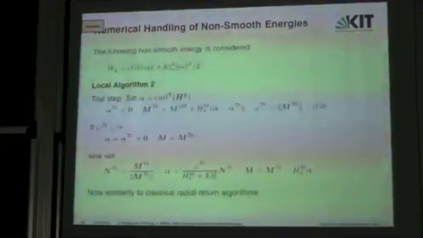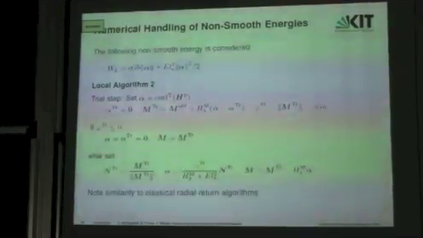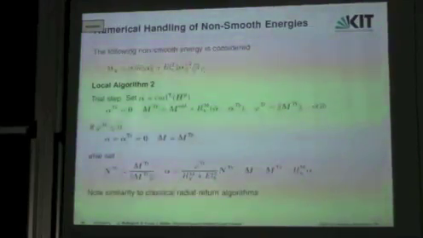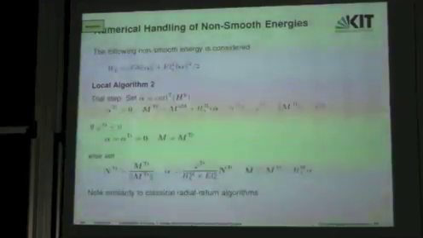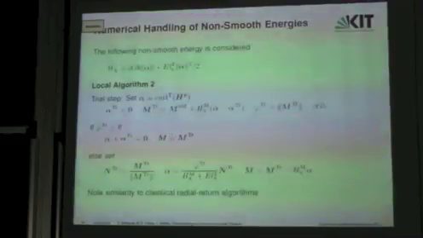I think this is interesting because the computations show that you get an algorithm which we all know is quite well suited for applications. It's quite robust and efficient, and this can then also be used for rank 1 or generalized non-smooth defect energies.